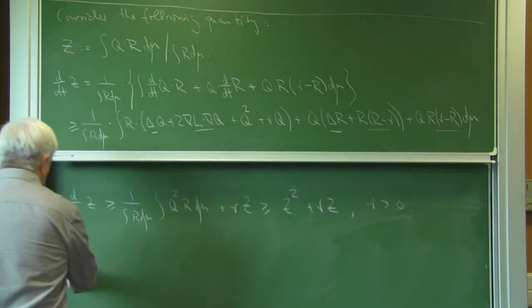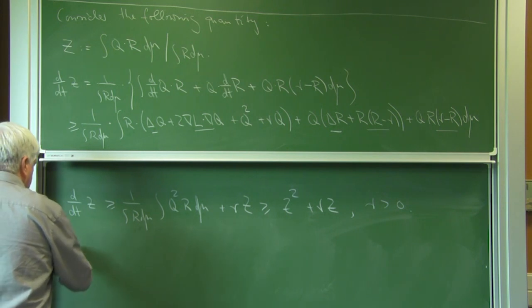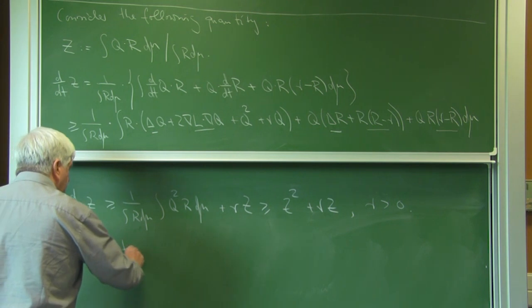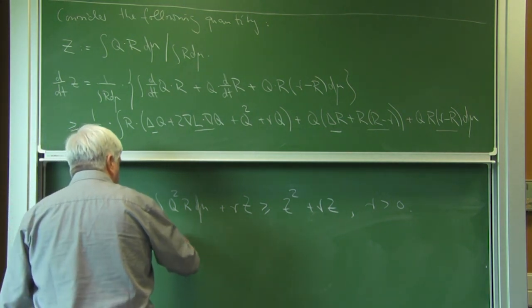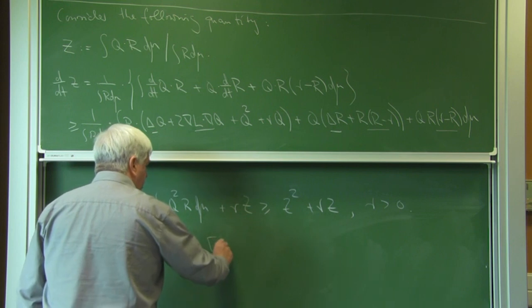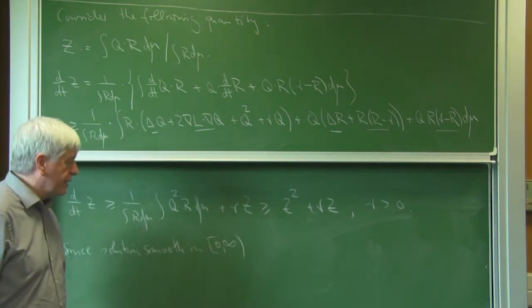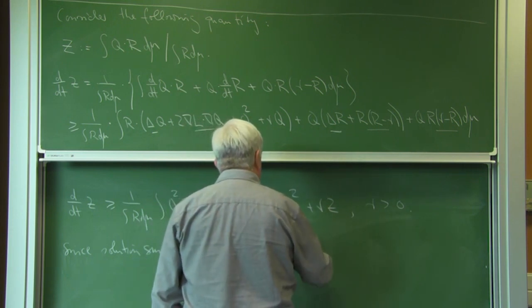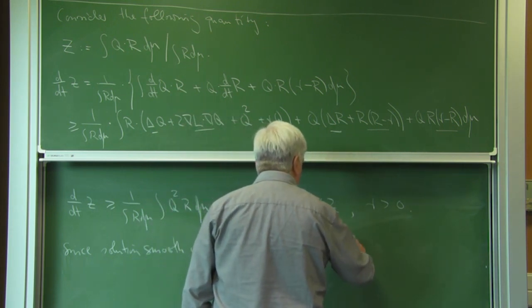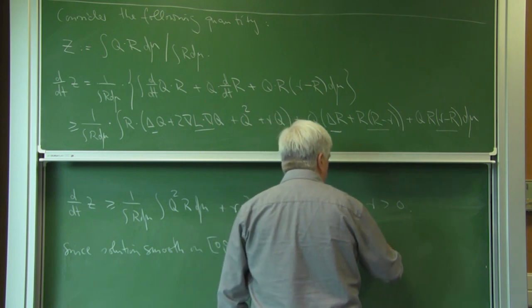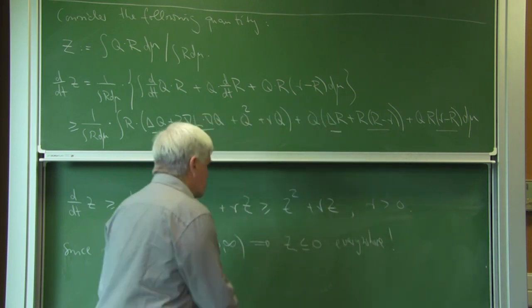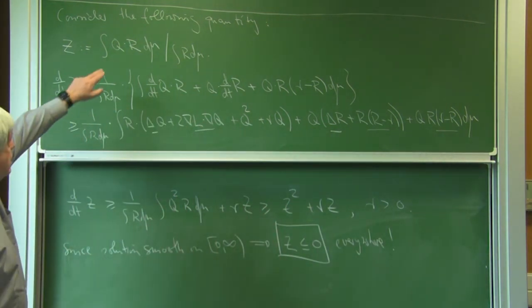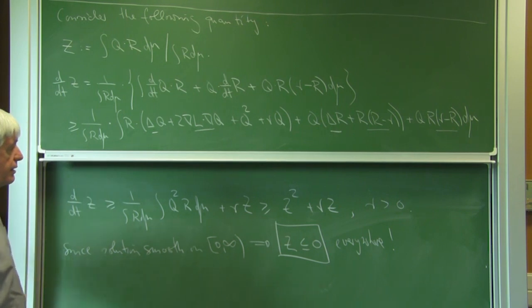So we conclude from this, since the solution is smooth on the whole time interval up to infinity, it follows that Z can never be bigger than 0. So we must have Z less than 0 everywhere. Okay? So this integral QR is less than 0 everywhere.